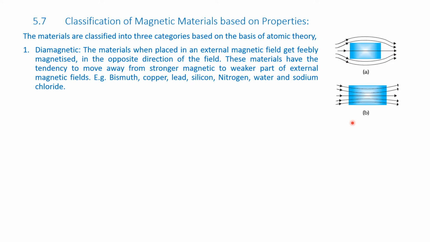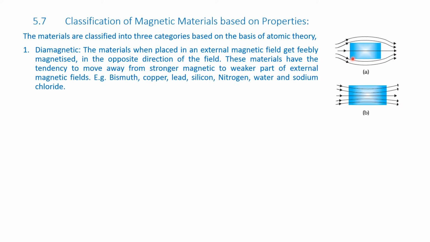Diamagnetic material. These materials, when placed in an external magnetic field, get feebly magnetized in the opposite direction of the field. These materials have the tendency to move away from the stronger magnetic to the weaker part of the external magnetic field.